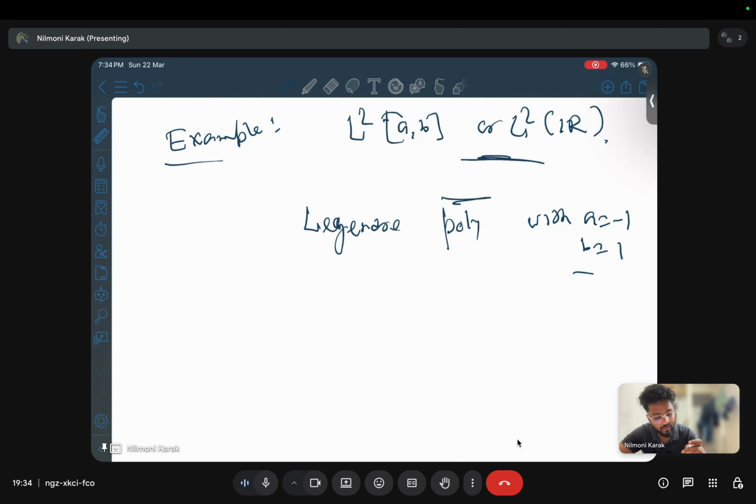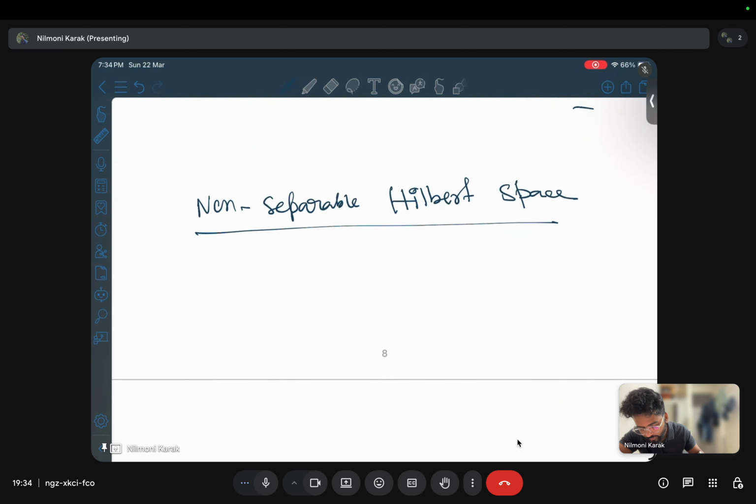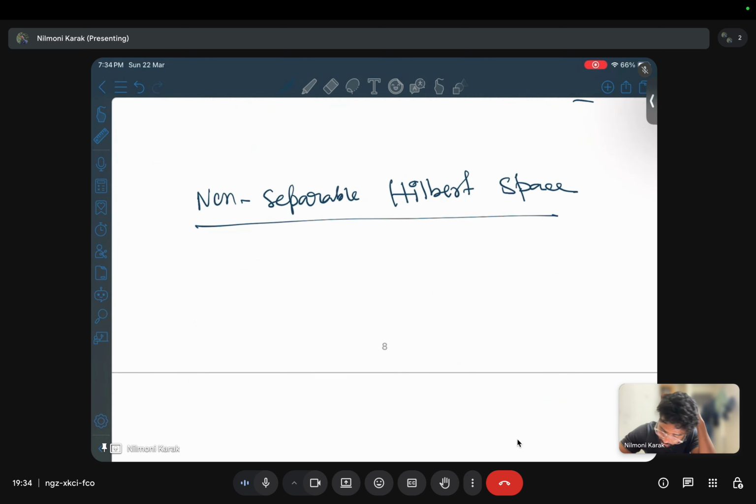Now let us talk about non-separable Hilbert spaces. So, do non-separable Hilbert spaces exist actually? And are they useful or not? Okay, so these are the main questions.